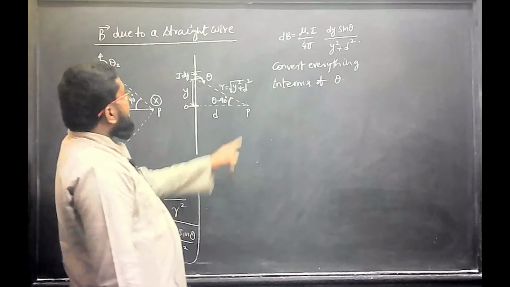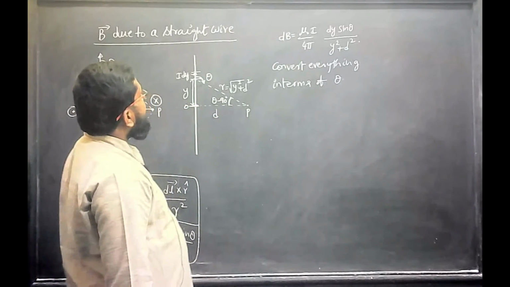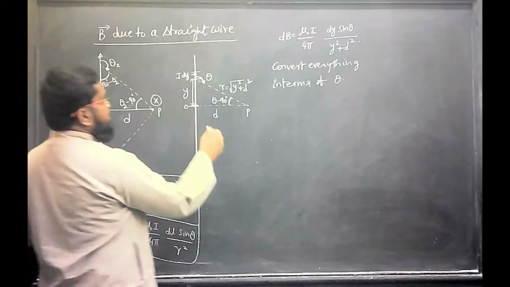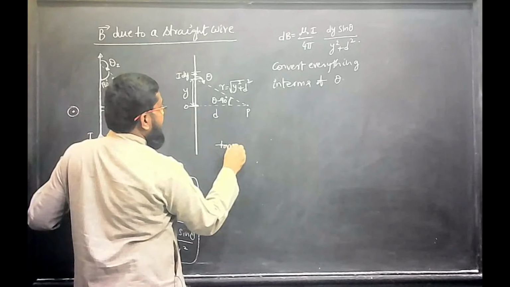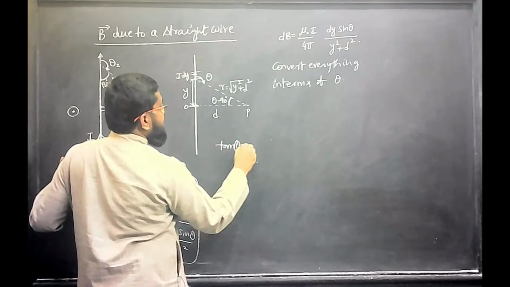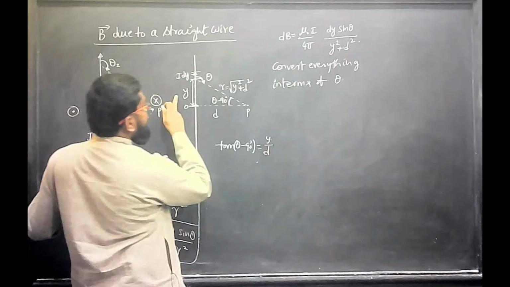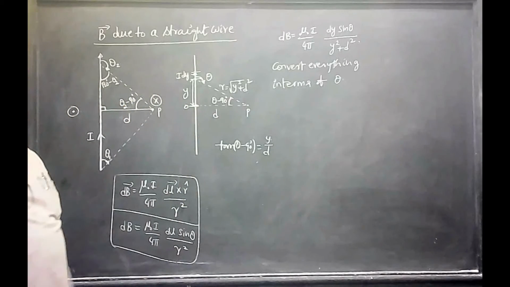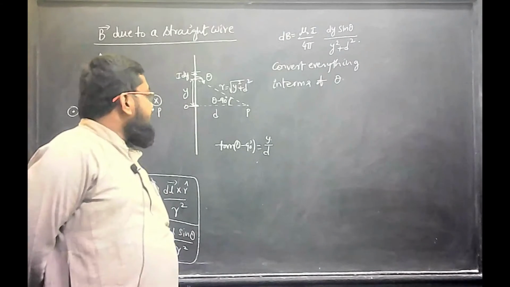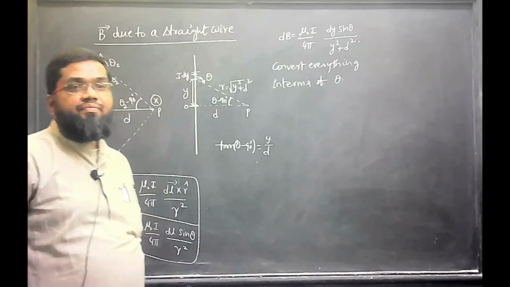Now we can apply tan. So tan of theta minus 90 degrees is opposite side by adjacent side. Opposite side is y and adjacent side is d. What is tan of theta minus 90?